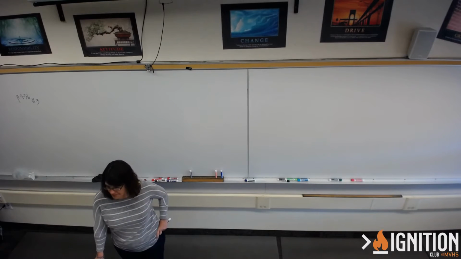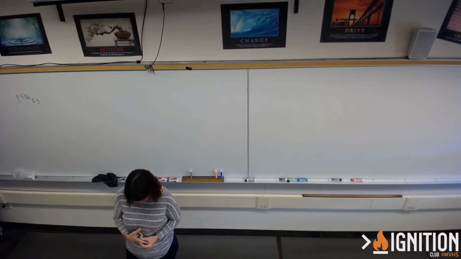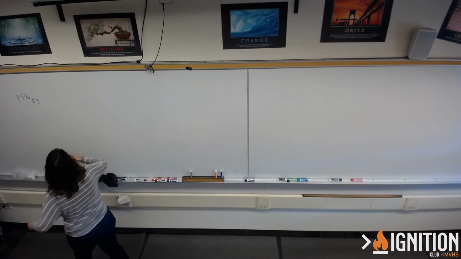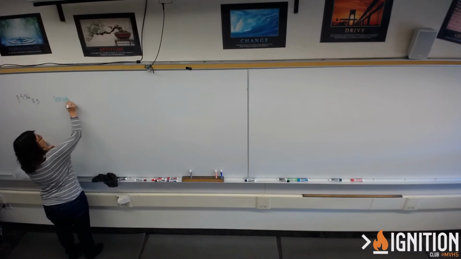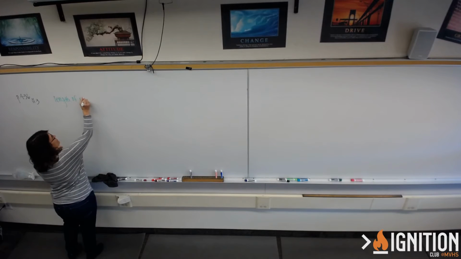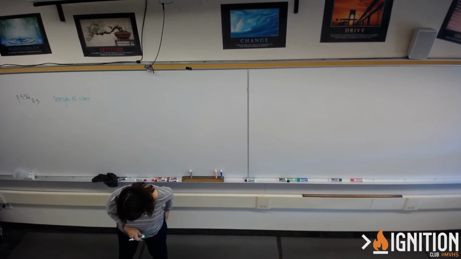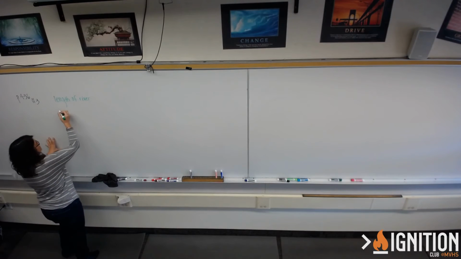Define your variables. So what two things do I have? The basin and the length of the river. So we have the length of the river, and we have the size of the basin, I guess.